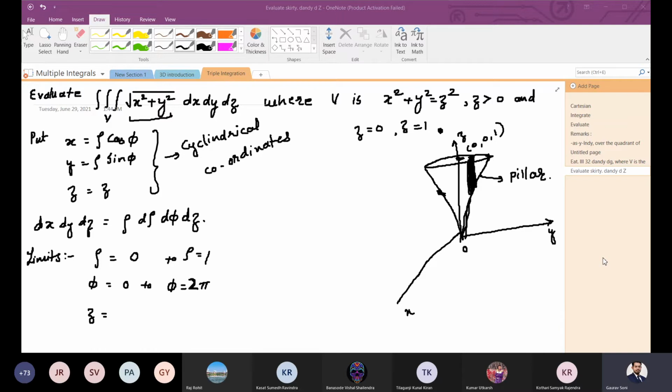It just works like the strip. How do you use the strip? You look at the lower end of the strip, you look at the upper end of the strip. Now in this case, you will have to look at the lower end of your pillar and the upper end of your pillar. Yes, anyone else?